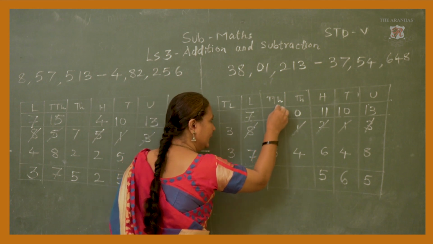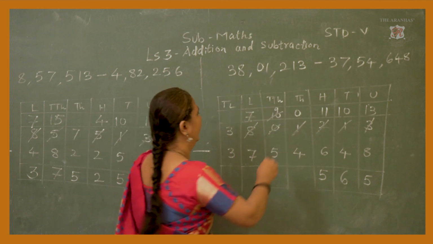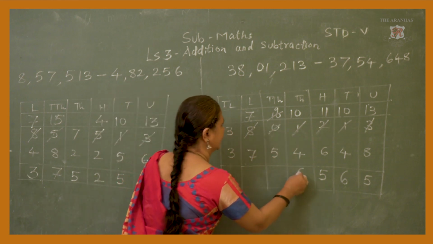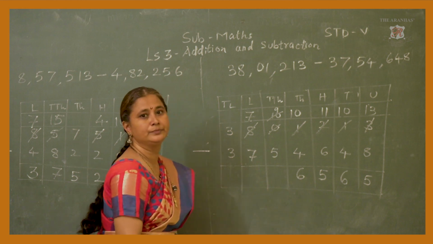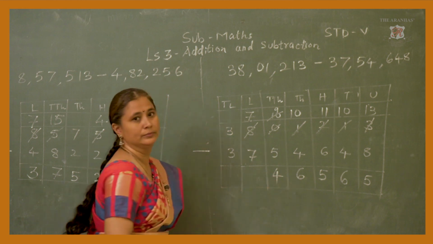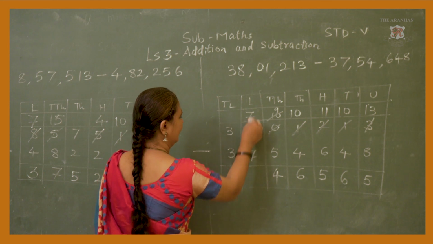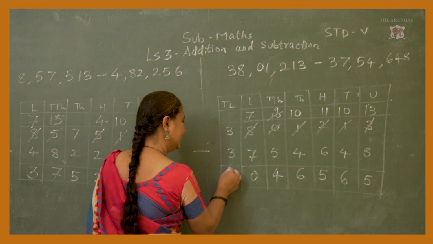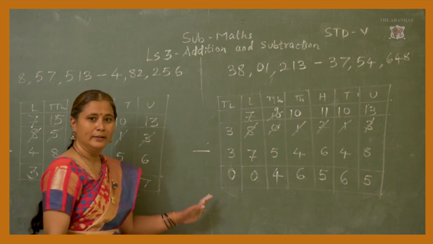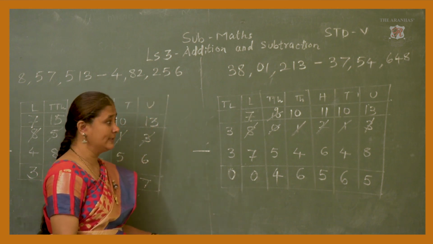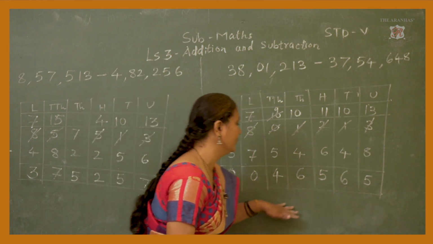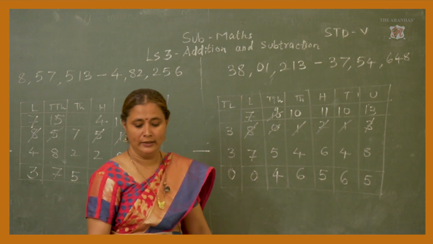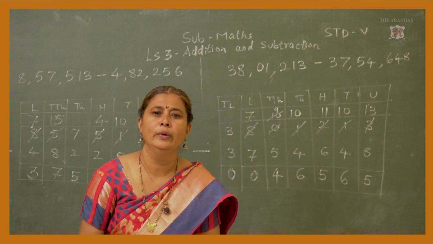So, cut 1 from here, it gets 9 and then here you are getting 10. So, 10 minus 4, 6. 9 minus 5, 4. Okay. 7 minus 7, 0. 3 minus 3, 0. So, the answer for the 7-digit number is what? 5-digit it comes. So, answer is 46,565.